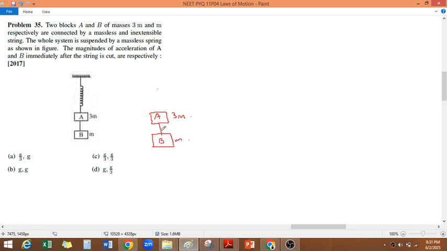There is a string here, somebody is pulling it upwards. This is acting downwards, mg. So the tension is acting upwards. That is what is holding this without falling down, right? This tension. And somebody is pulling this downwards, and that is your tension on A here. So that means this tension and this tension are same.